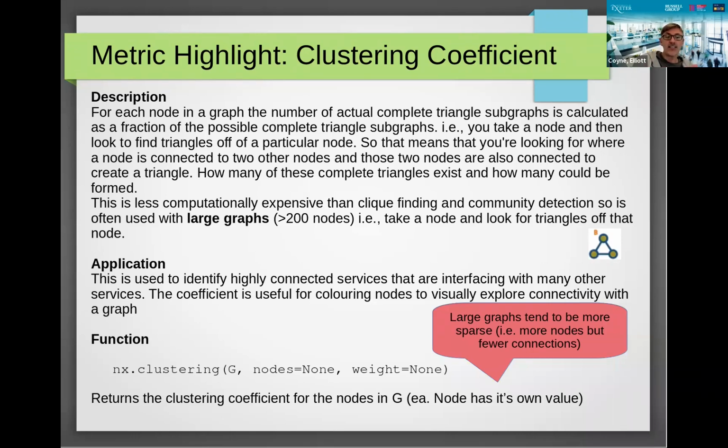And again, this is a great way to start adding more information to your graph, by changing the color of the nodes based on the clustering coefficient, or how well that particular node is connected around it. And again, the function here would be nx.clustering, passing in your graph object G, your nodes if you want to provide them as a list, and then also any weights if they haven't been added to the graph already.